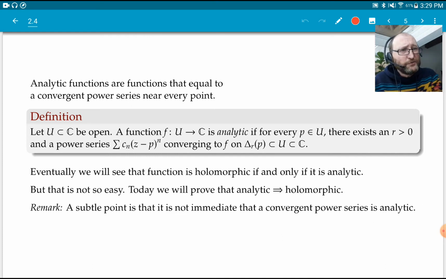To prove that, what's interesting is that we'll use the fact that power series are holomorphic, and then go back to analytic. Once we know that holomorphic functions are analytic, we'll see that power series are analytic. So that's coming. That's not today.